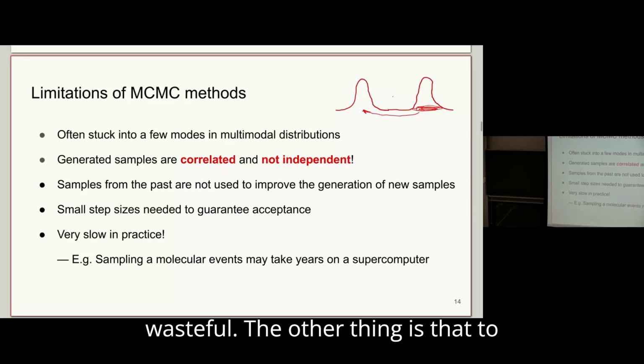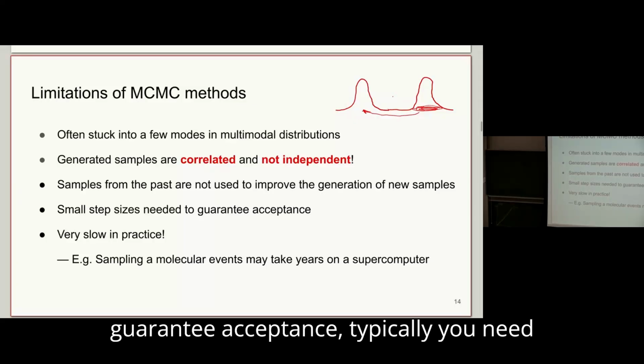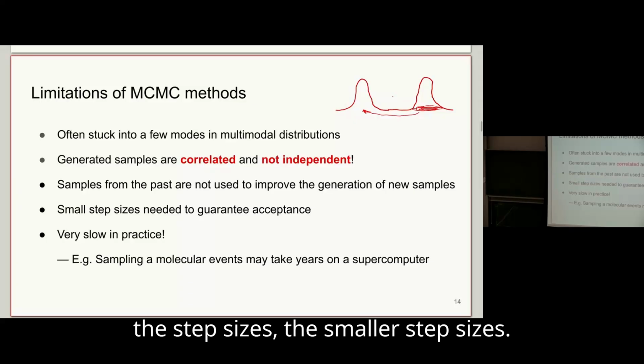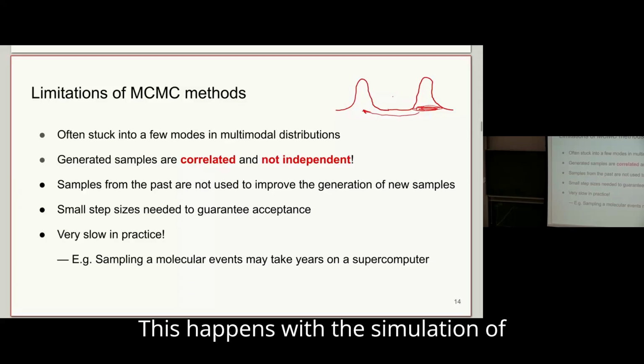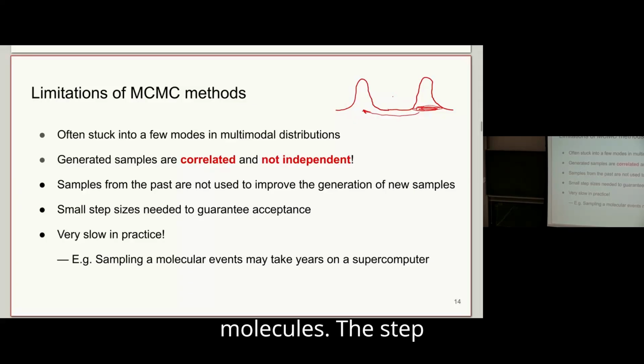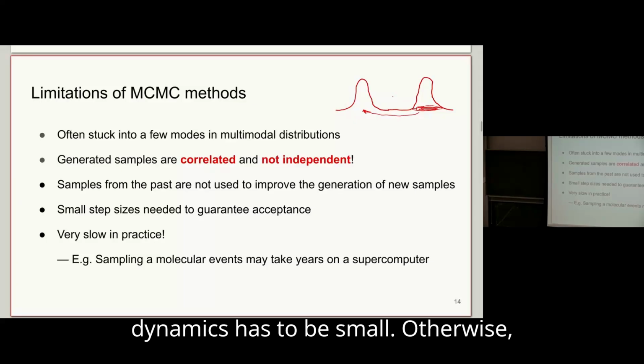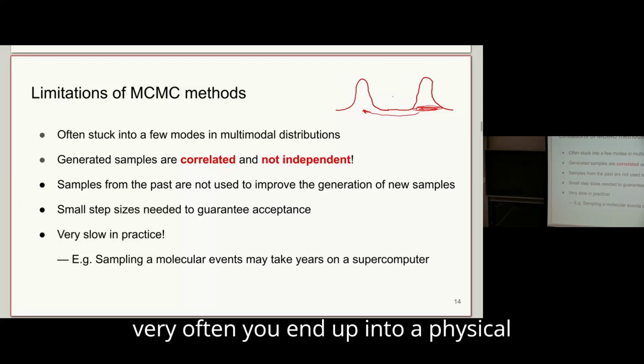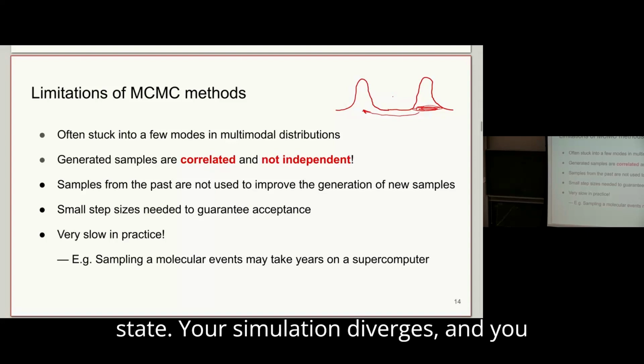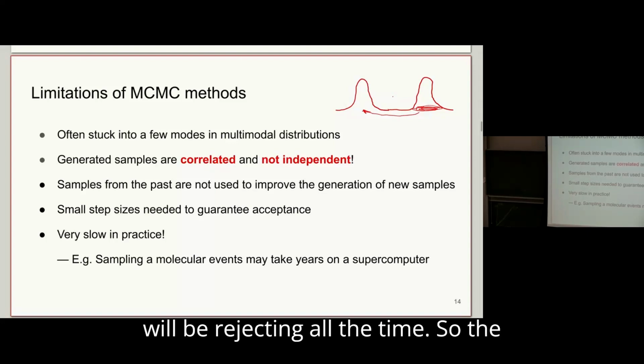The other thing is that to guarantee acceptance, typically you need smaller step sizes. This happens with the simulation of molecules. The step size in your simulator of the Hamiltonian dynamics has to be small. Otherwise, very often you end up in unphysical states. Your simulation diverges, and you will be rejecting all the time.